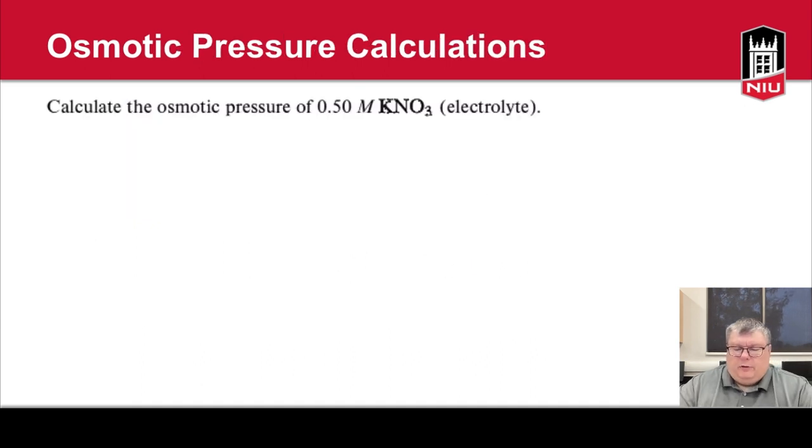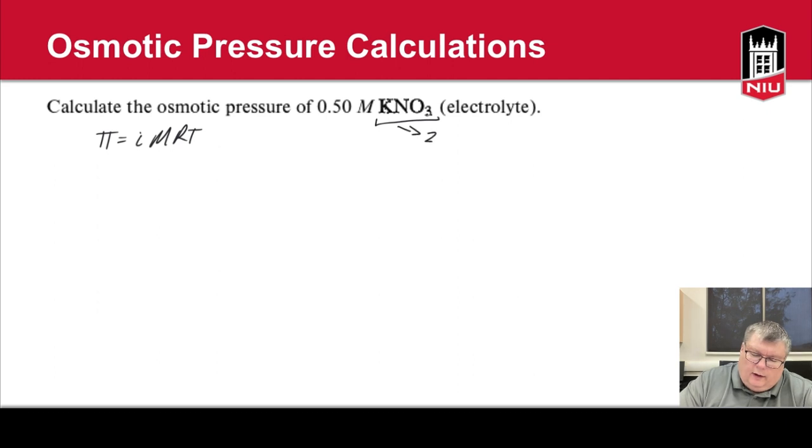Let's do an osmotic pressure calculation. So the osmotic pressure of a 0.5 molar potassium nitrate solution. Remember, pi equals iMRT. Potassium nitrate is an electrolyte, so this dissolves and gives us 2 ions per mole.